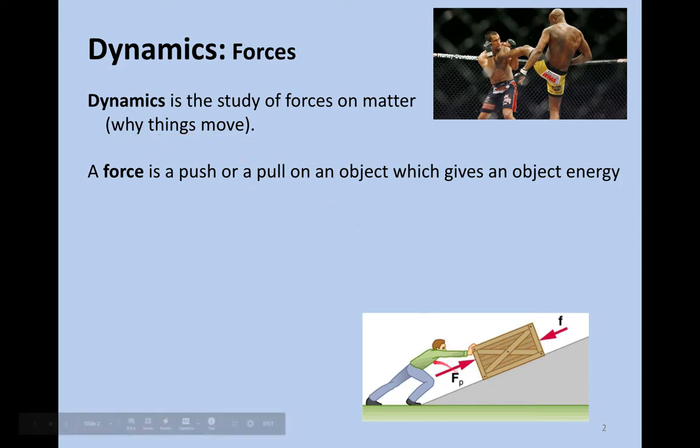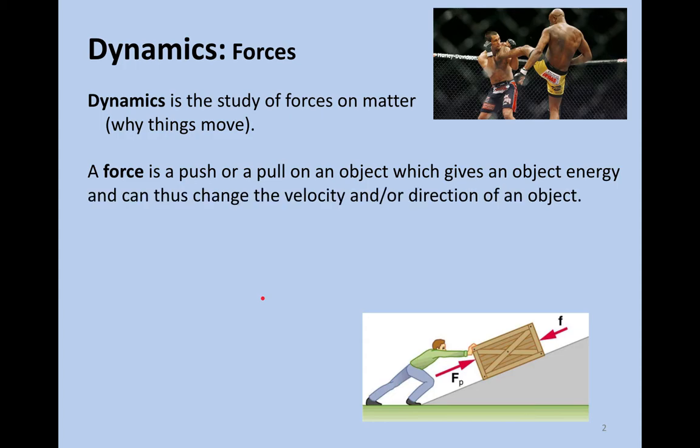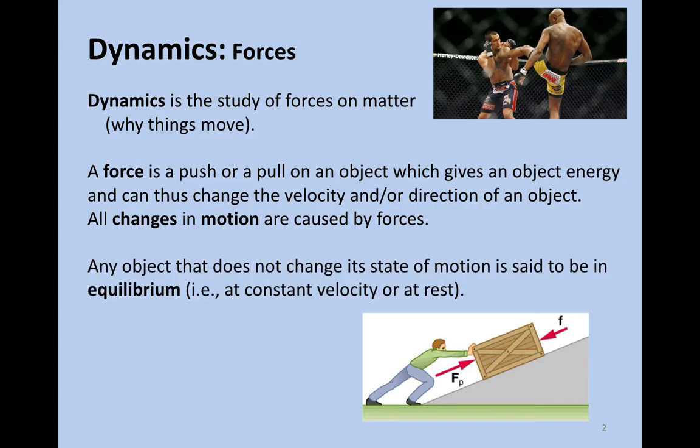So objects can be pushed or pulled with given forces, and those forces can result in movement of that object. So it can change the velocity and the direction of the object. All changes in motion in this universe, as far as we know, are caused by forces.